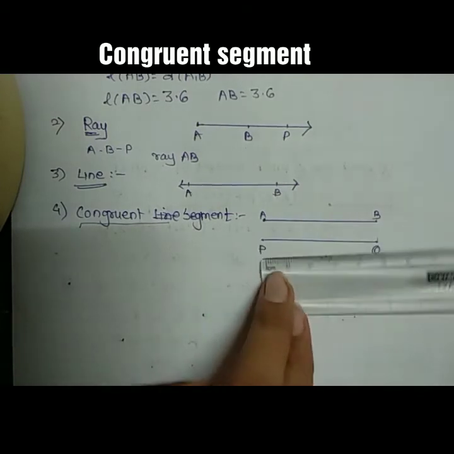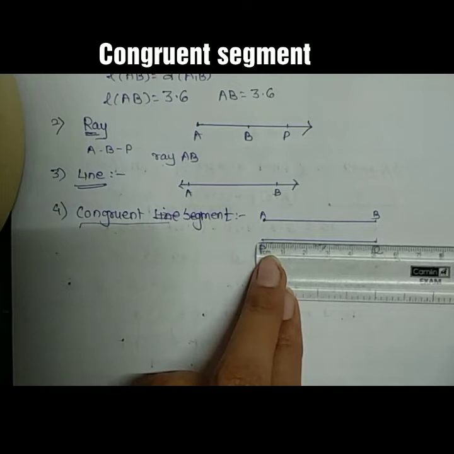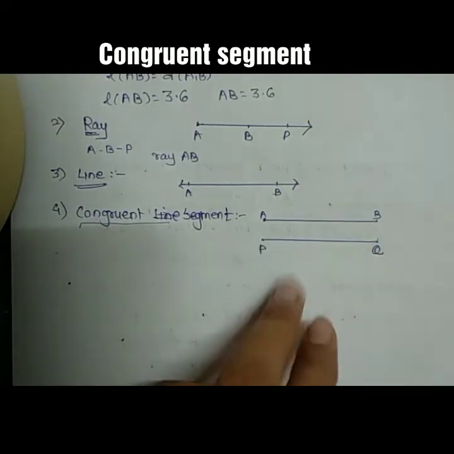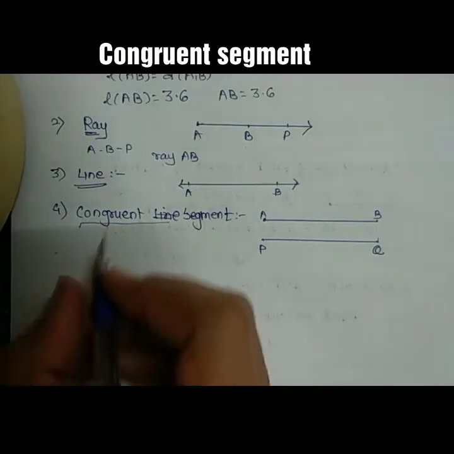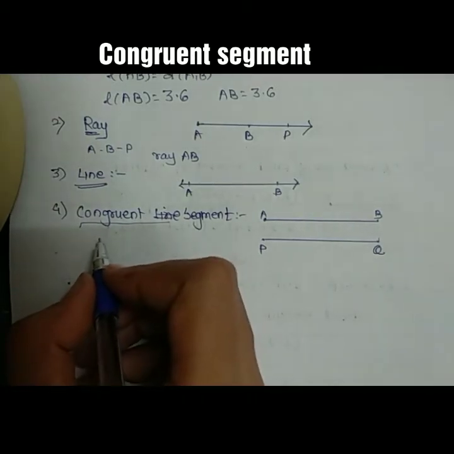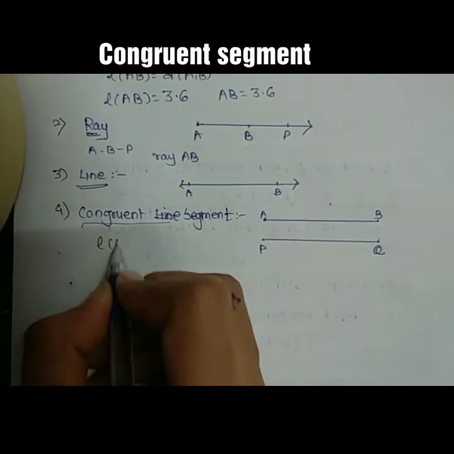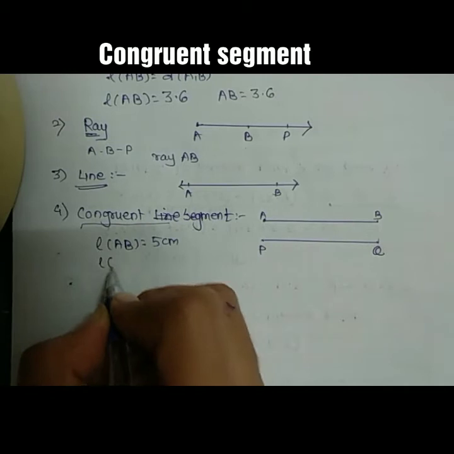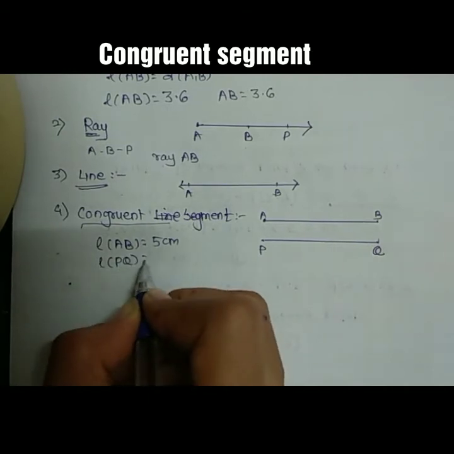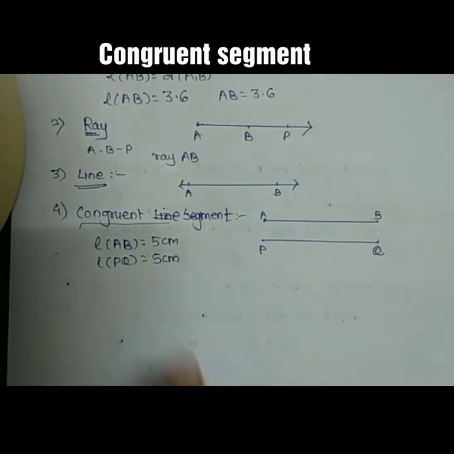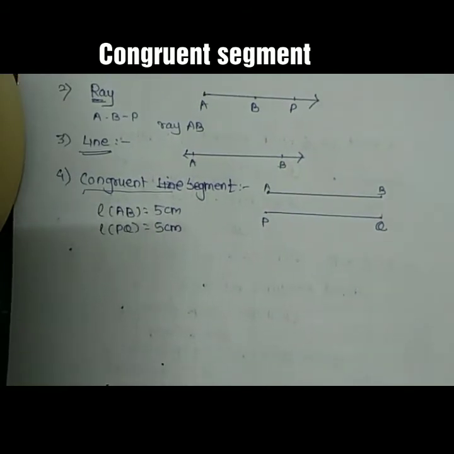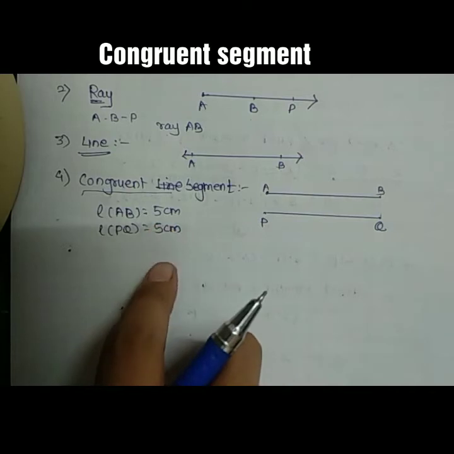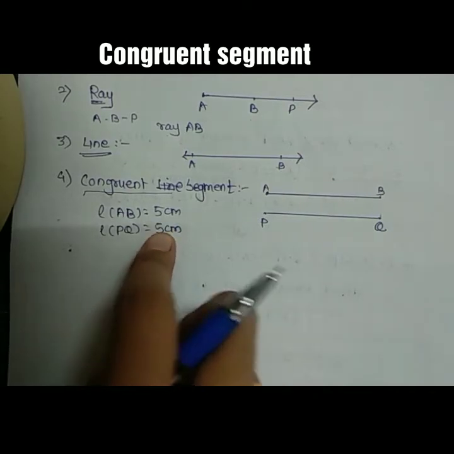It is 5 cm and the length of PQ is also 5 cm. Here the lengths of the two segments are equal, so these two segments are congruent.